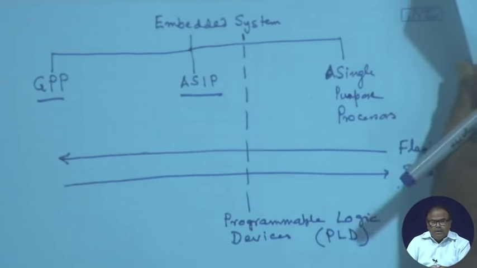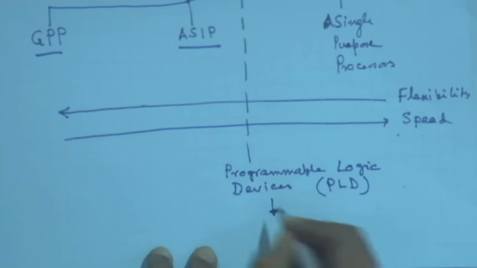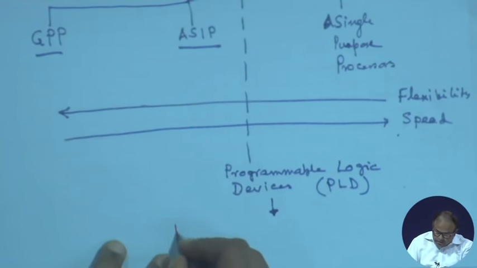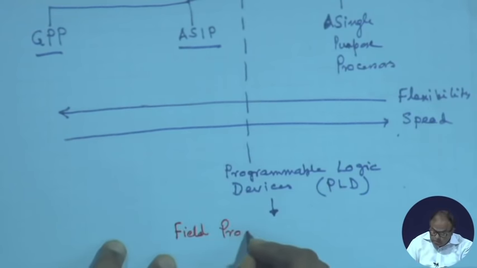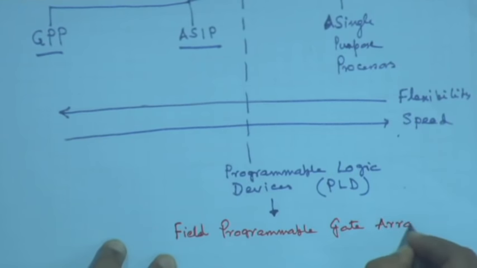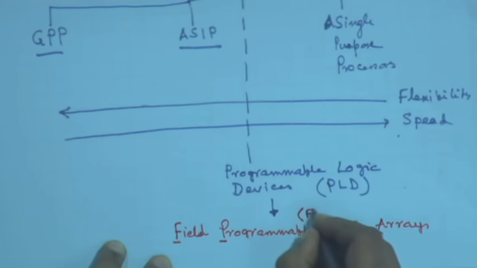And ultimately, in the embedded system market, a variant of these PLDs, a much more advanced version of them, has come in the form of field programmable gate arrays, right? Field programmable gate arrays. In short, they are known as FPGAs.